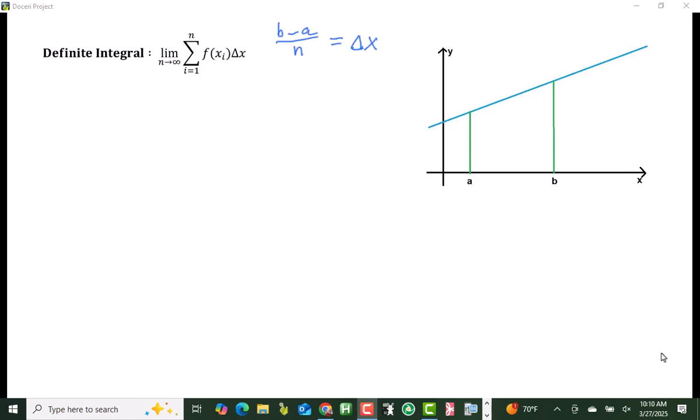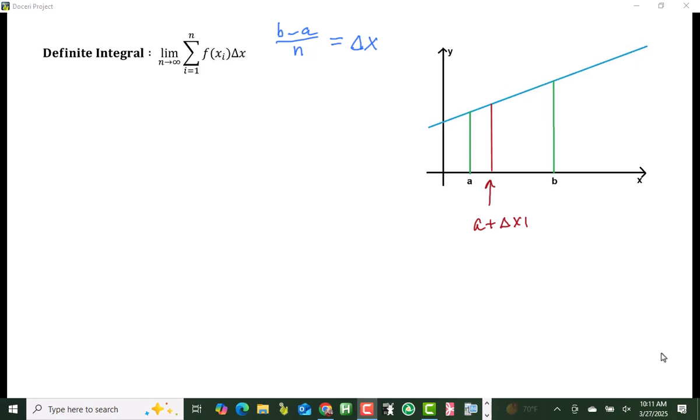I'm going to take the interval by subtracting a from b and dividing by the number of rectangles we want. Well, I'm just putting n. This is a general kind of thing because I want to find the area here. And we're going to use a definite integral to do that. So I find that first. And then here's the part I really want you to get a handle on.